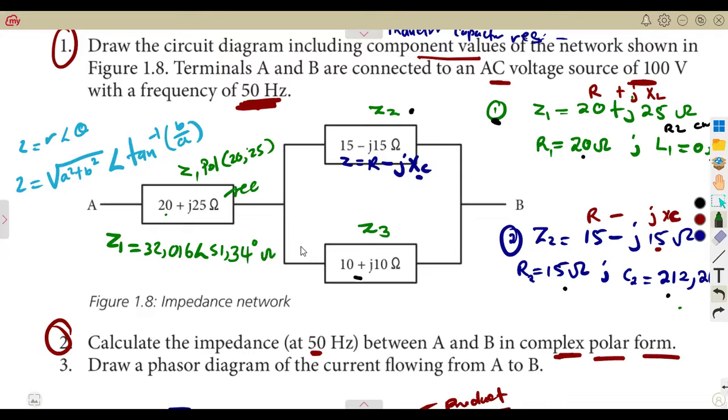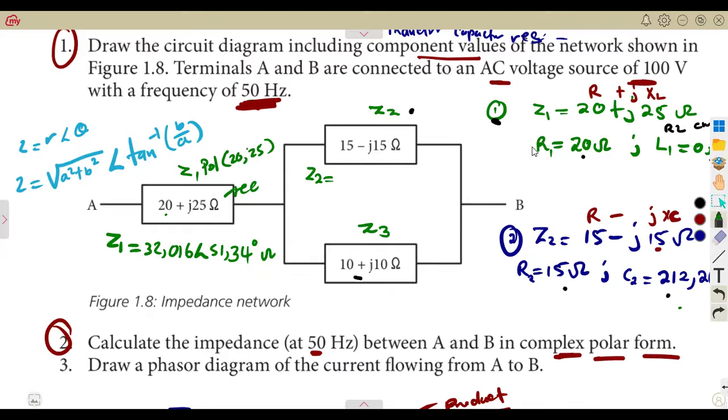You do the same thing on each and every part that you are given. On your Z2, you also need this in polar form. You can use this formula directly, or simply apply the conversion on your calculator to confirm that you are going in the right direction.